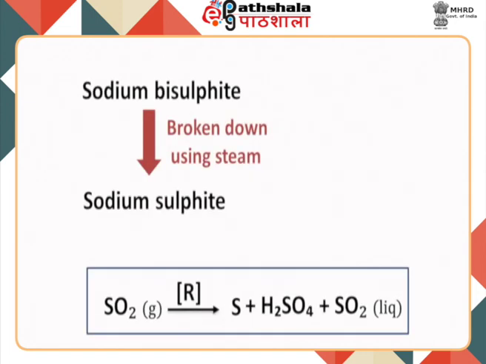Sodium bisulfite can be broken down using steam, and the resulting sodium sulfite can be recycled to the flue gases. The released SO2 is then converted to elemental sulfur, sulfuric acid or liquid sulfur dioxide. The advantage of this system is that the sorbent is regenerated during the combustion process and is continuously recycled.